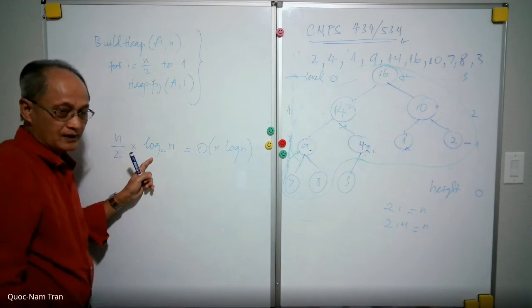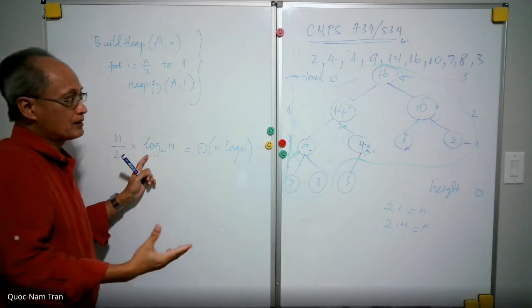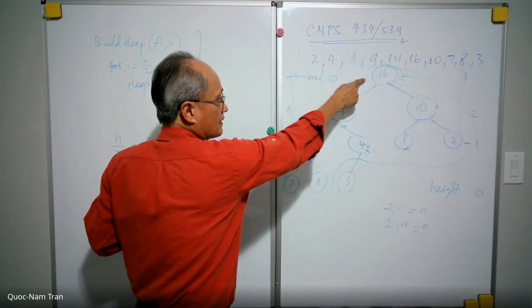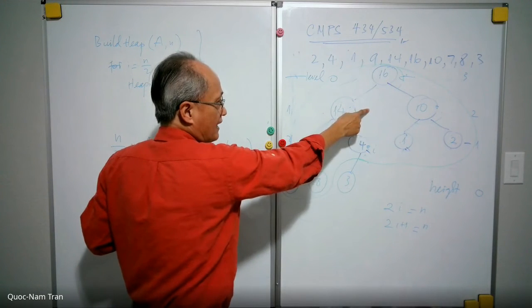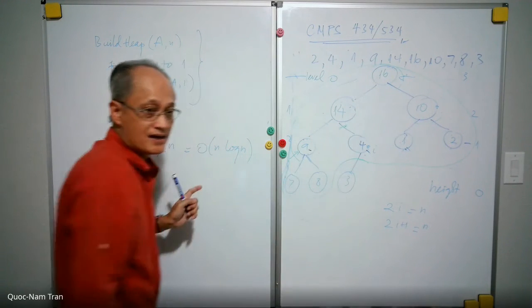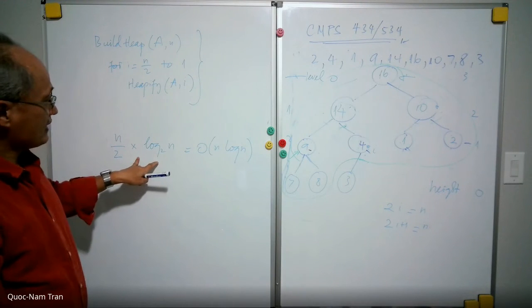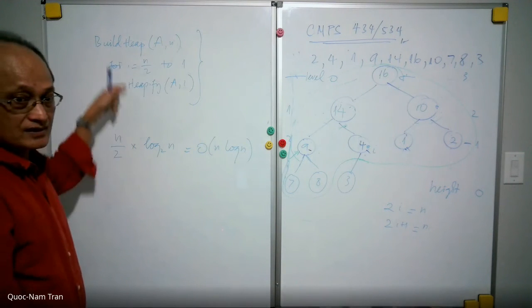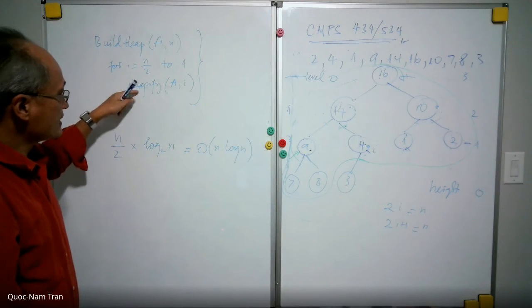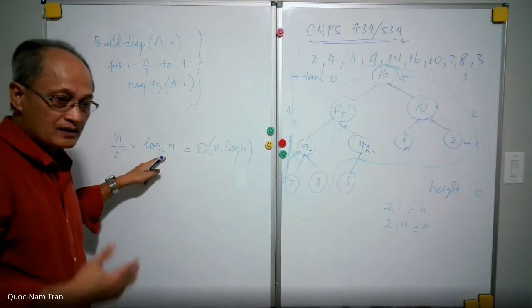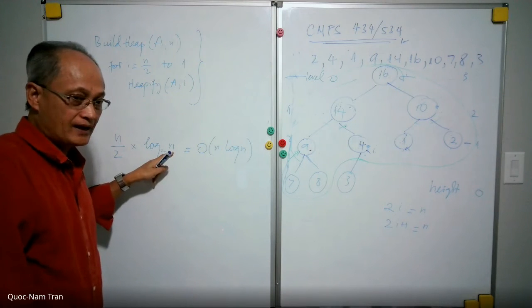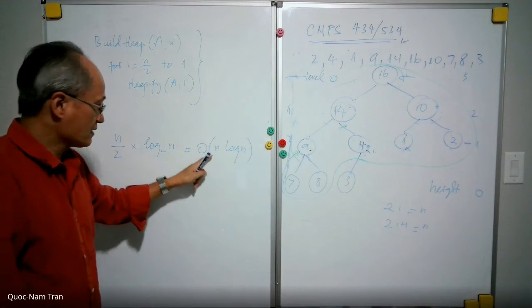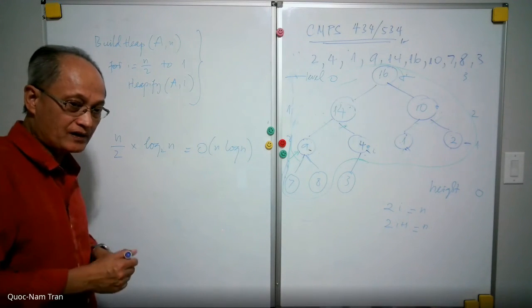Yeah, the biggest number is log 2 of n, but it's just for the highest node, the second highest, the third highest, etc. So if we analyze it like this, by saying that here you have n/2 cycles in the for loop, and inside that, each of the heapify costs, the biggest value is log 2 of n, then the complexity for build heap is n log n. It's not very, very correct, not very accurate, right?